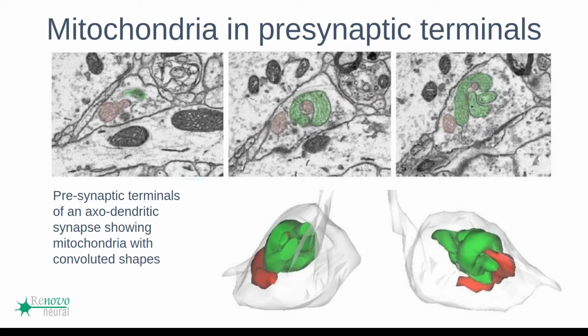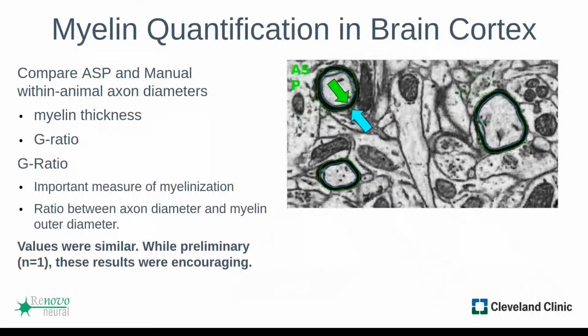On the next slide, for us at Renovo at this time, and even now, we still do a lot of myelin analyses. One important measure of myelin is the G ratio, which is the ratio between the axon diameter and the myelin's outer diameter.